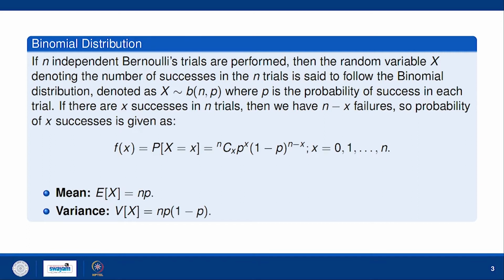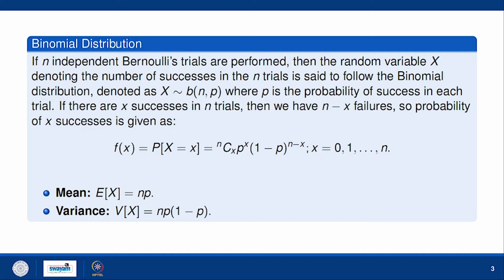So, the probability of x successes will be given by nCx, out of n there are x successes. nCx is simply factorial n upon factorial x into factorial n minus x, multiplied by p raised to x, which is the probability of getting x successes, and (1 minus p) is the failure probability, and there are n minus x failures, so the power is n minus x.